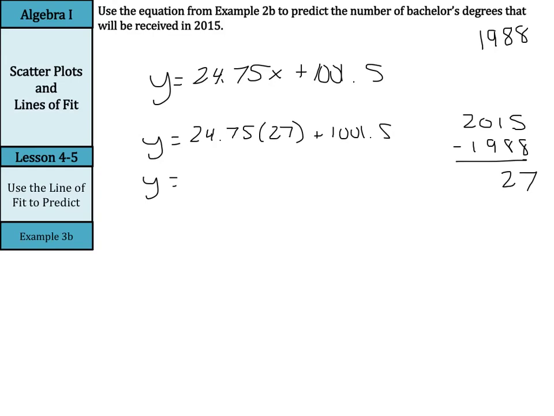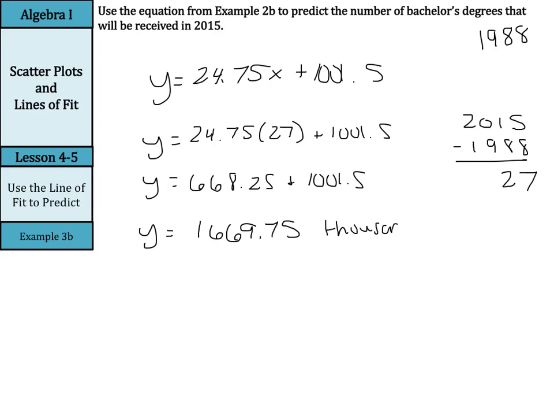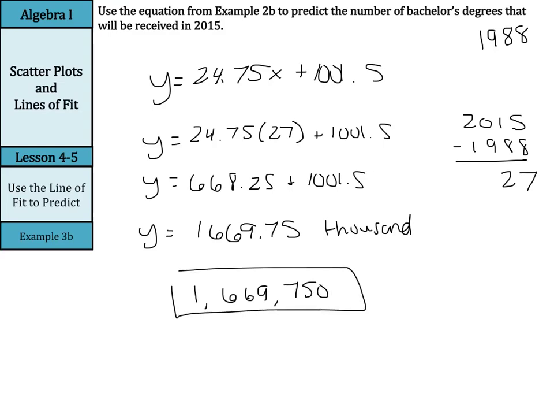When I multiply that by 24.75, you get 668.25 plus the 1001.5. And your final answer here, y equals 1,669.75 thousand degrees, which is the equivalent of 1,669,750 degrees.